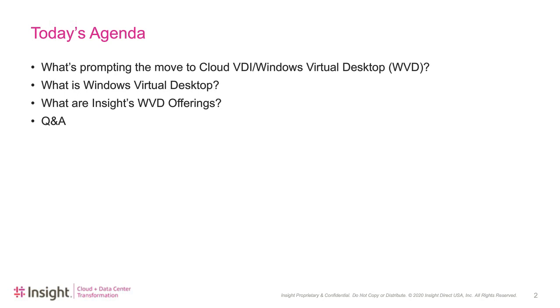We're going to talk a little bit about how Insight can help on that cloud journey and where Insight services offerings can help take your organization from either a nascent or non-existent Windows Virtual Desktop implementation all the way to full cloud operationalization. And then finally, we're going to have a little bit of a Q&A where you can ask questions to our experts around Windows Virtual Desktop.